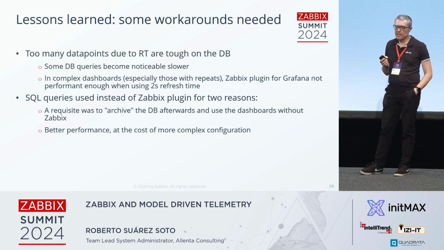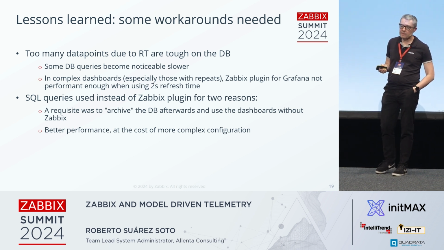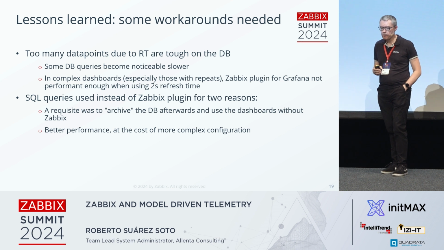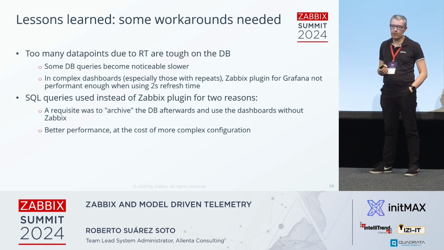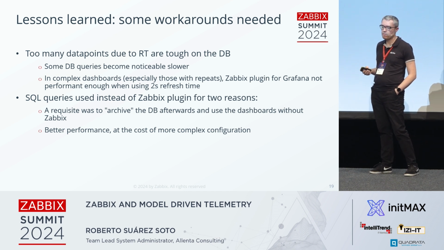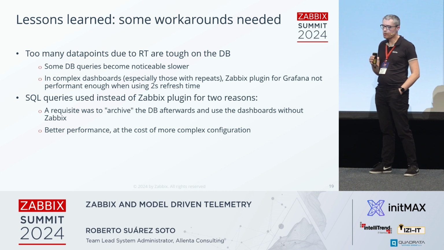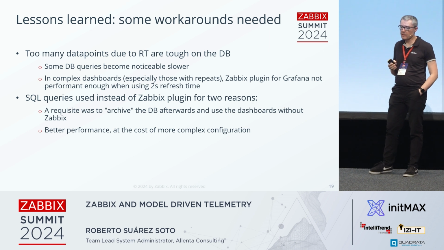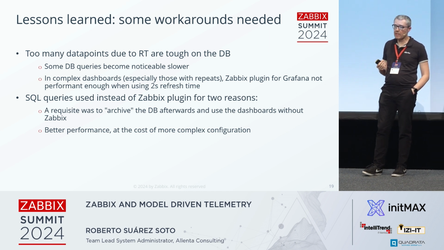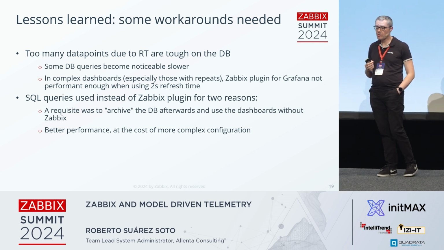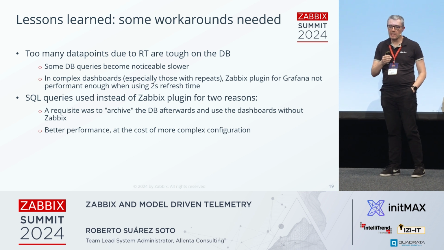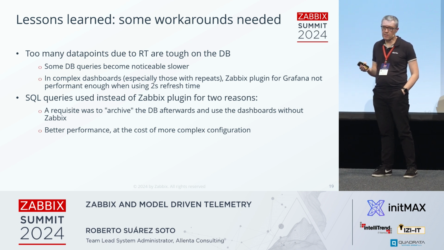And also, as we use Grafana dashboards, we found that the Zabbix plugin for Grafana wasn't performant enough for some repeats. For example, if you want to know the state for 40 network interfaces every 2 seconds, sometimes the queries took more than 2 seconds, so you didn't really have the results fast enough.